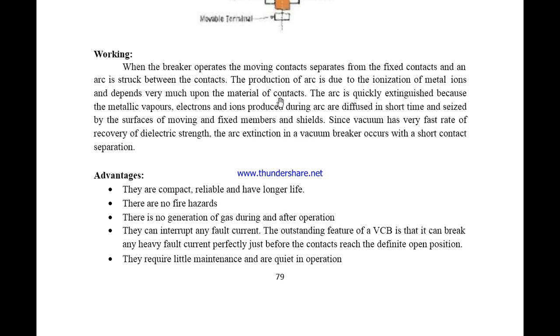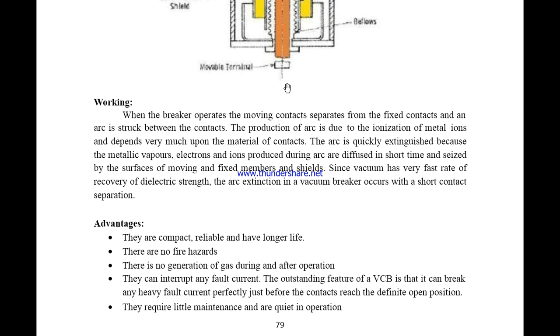When the breaker operates, the moving contact separates from the fixed contact and an arc is struck between the contacts. The production of the arc is due to the ionization of metal ions and depends very much upon the material of contacts. The arc is quickly extinguished because the metal vapors, electrons, and ions produced during the arc are diffused in a short time and seized by the surfaces of the moving and fixed members and shields.